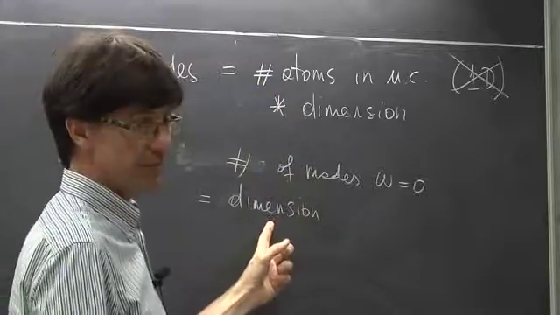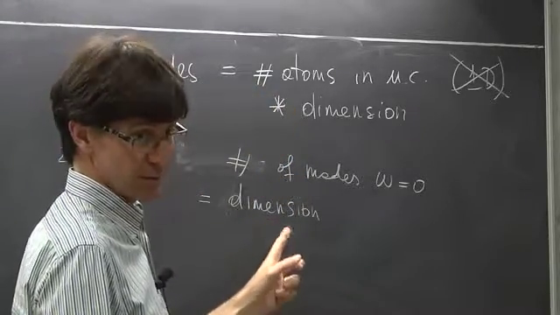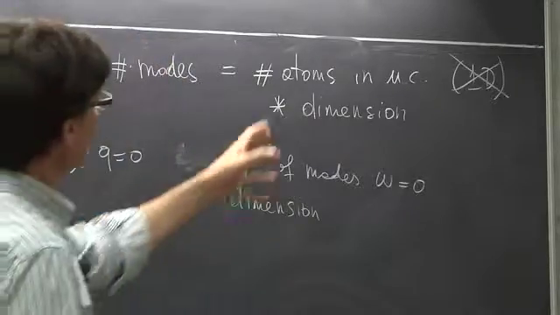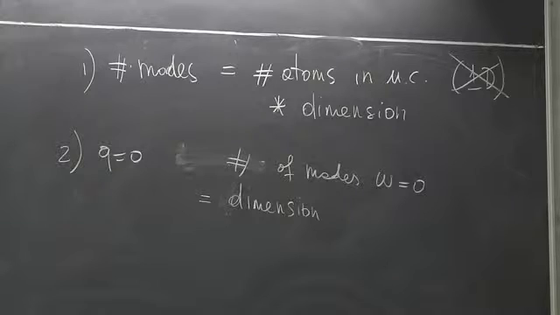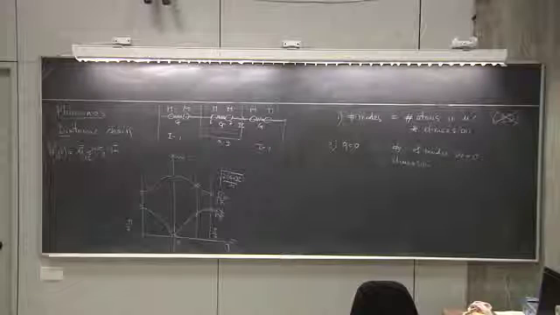All the modes have frequency equal to 0. All right? So if the number of atoms in the unit cell is 1, at q equals 0, I don't have anything else other than modes at 0 frequency. Okay?